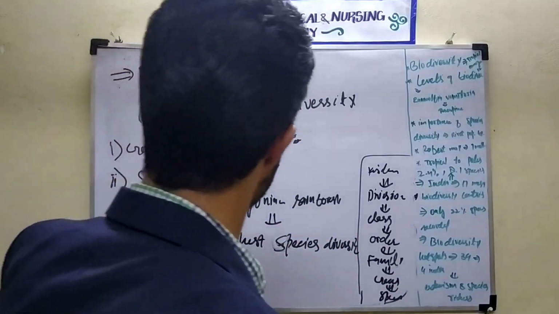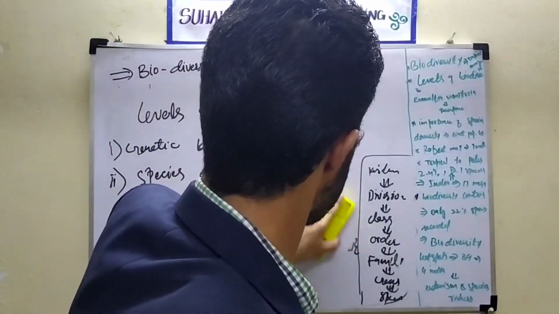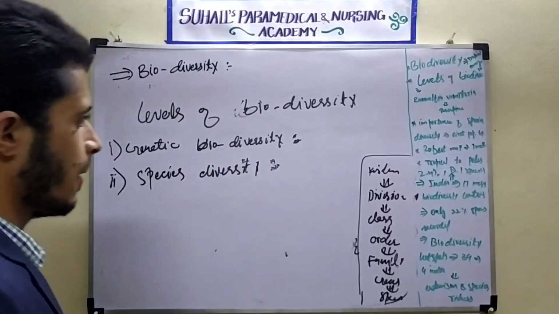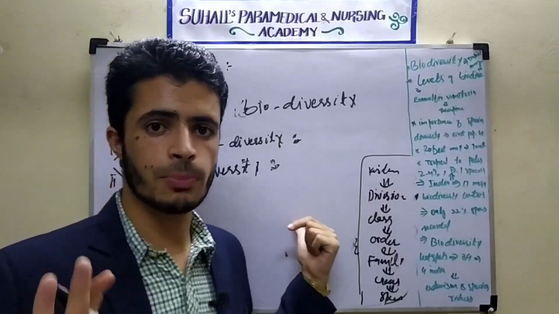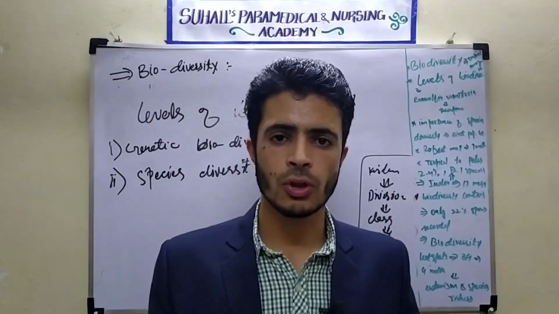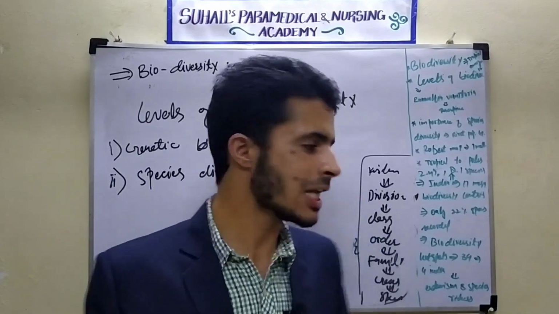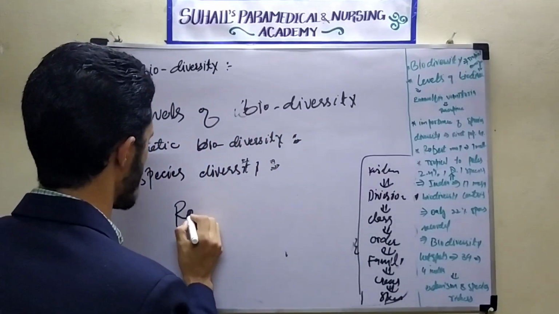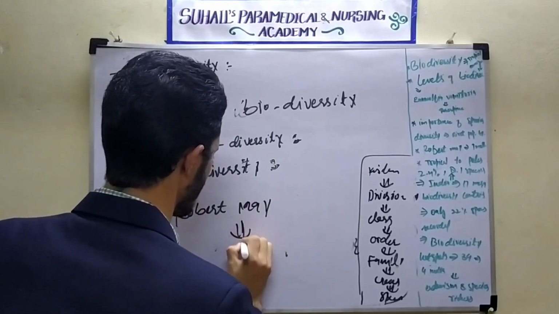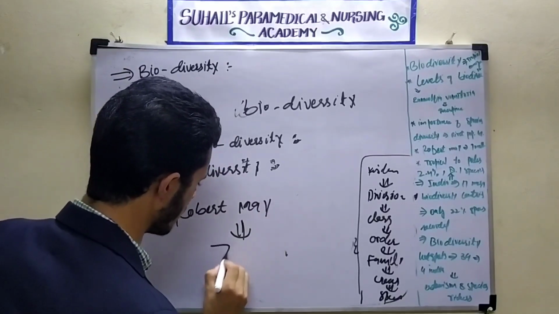Actually, see here, this is where the highest species biodiversity is found. When scientists try to find out how many species there are, as per Robert May, there are 7 million species.